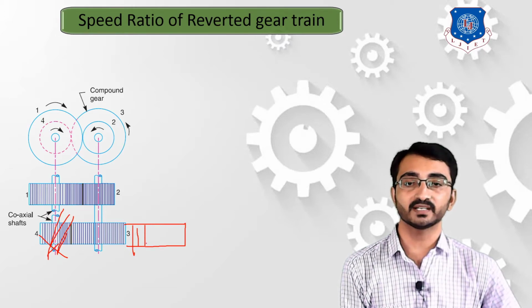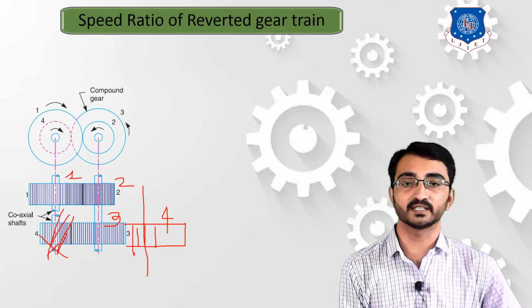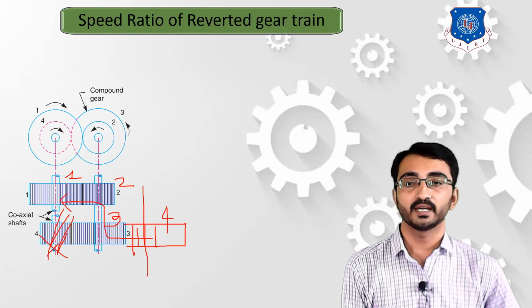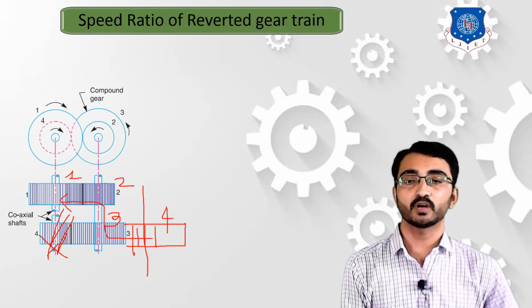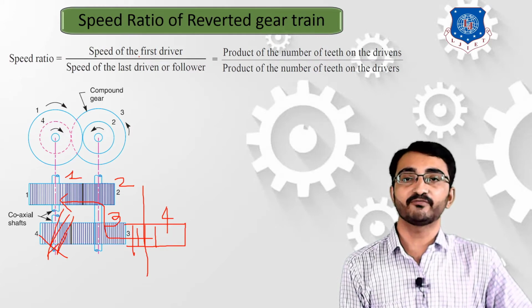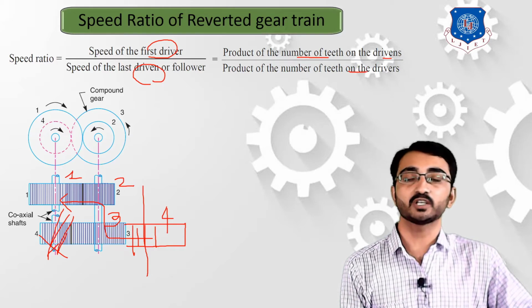If we consider gear number 1 over here, gear 2 over here, gear 3 in this position and gear 4 mounted on the right side of gear 3, then this is a simple compound gear assembly, and we have a simple relation for compound gear train: the ratio of speed of first driver to the speed of last driven shaft is equal to the product of number of teeth on driven upon the product of number of teeth on driver.